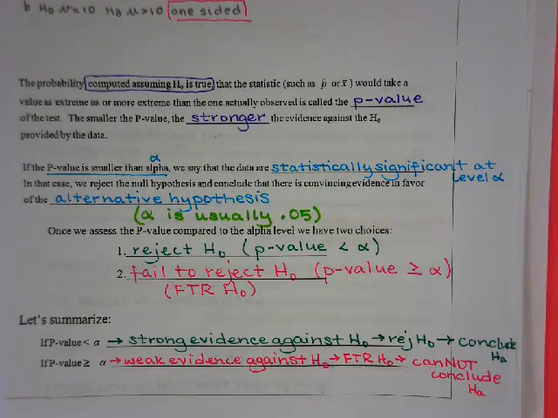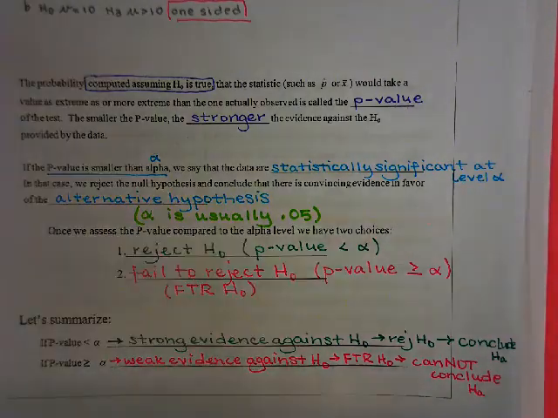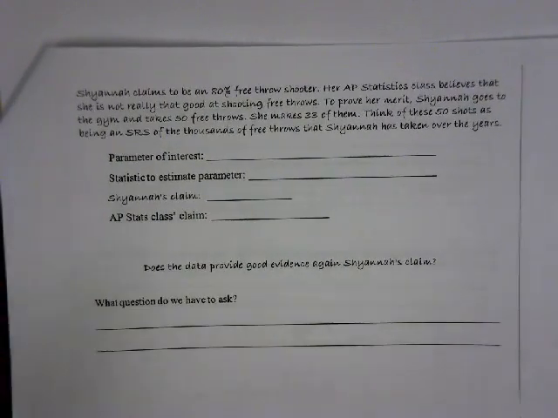All right, so we're going to go back to picking on Cheyenne. Yes, it does look very similar to the warm-up. What's our parameter of interest? The true proportion of free throws that Cheyenne has made.